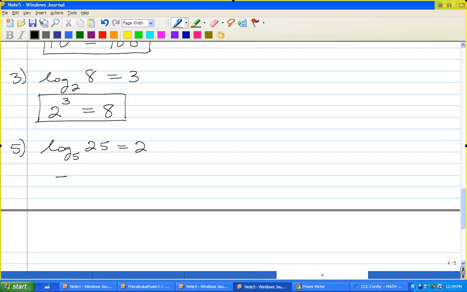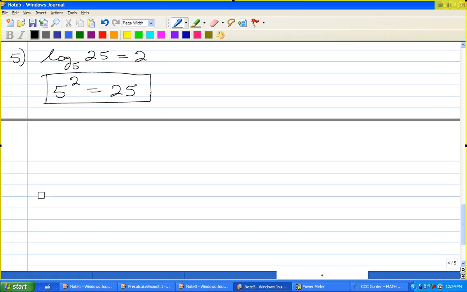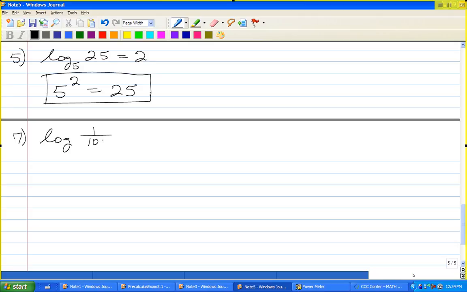So the base is 5, exponent is 2, result is 25. Let me do problem number 7. Log 1 over 100 equals -2. Base is 10, exponent -2, result 1 over 100.